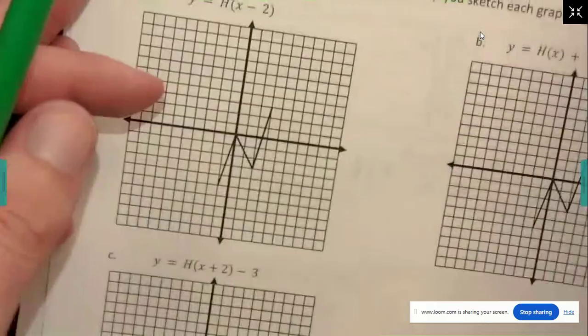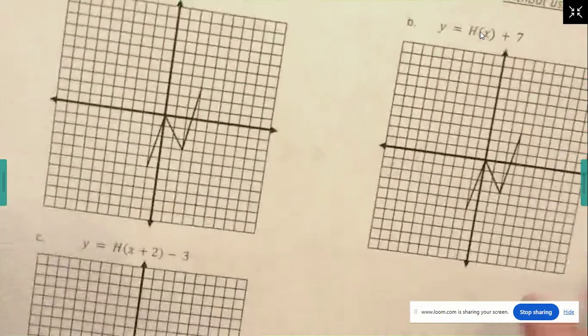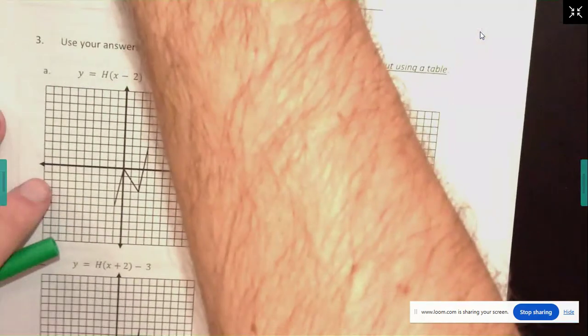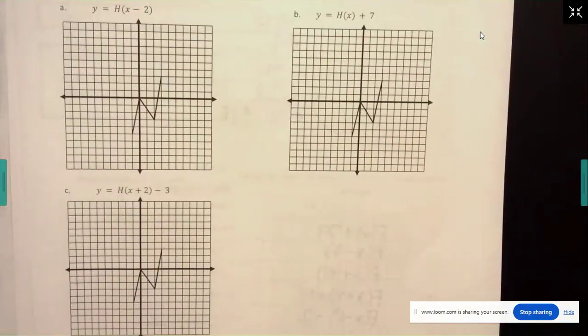All right. So looking at this, let me zoom out a little bit and kind of get my notes ready. Okay, so let's look at this function.